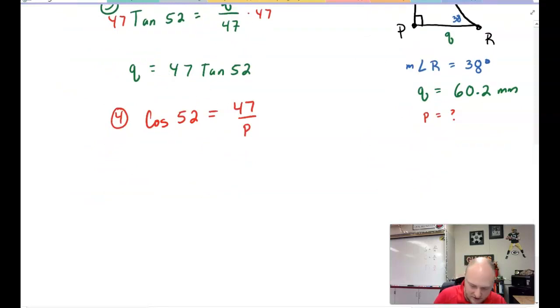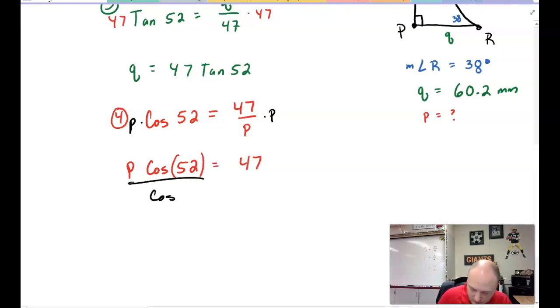Okay, so if I want to solve this, I'll multiply both sides by P. And we get P times cosine 52 is equal to 47. And then we'll divide both sides by cosine of 52. And so P is equal to 47 over cosine 52.